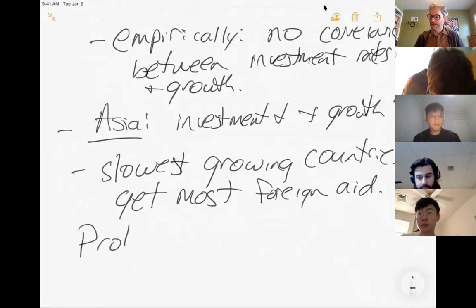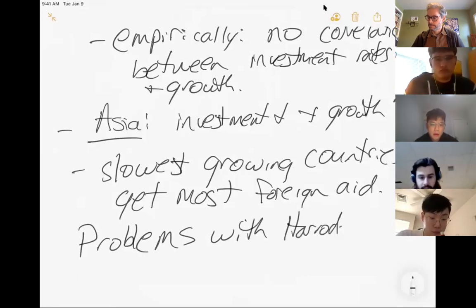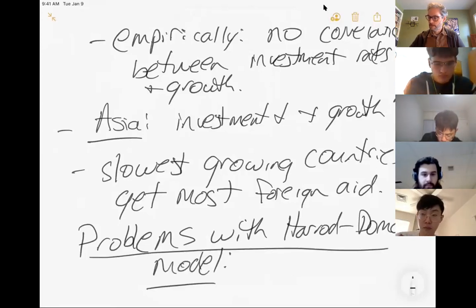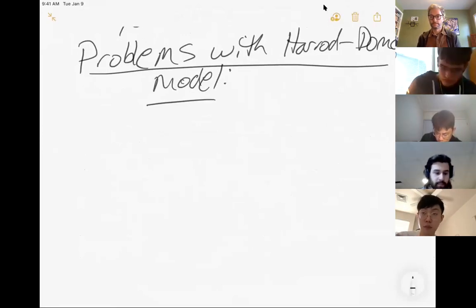What's the problem with the Harrod-Domar model? What's this Harrod-Domar model missing? It's missing incentives, like how to actually use the investment.